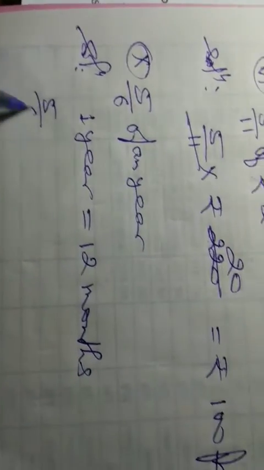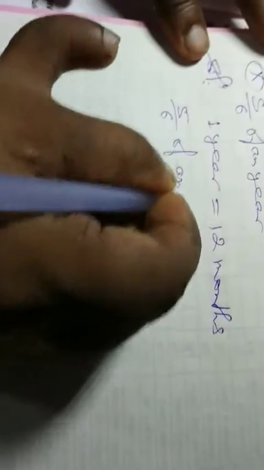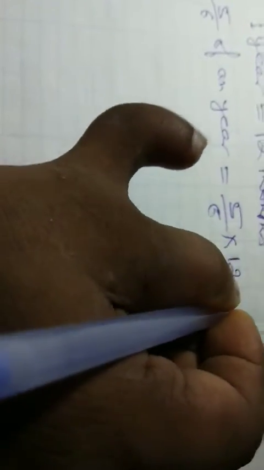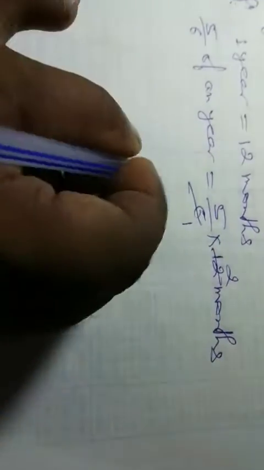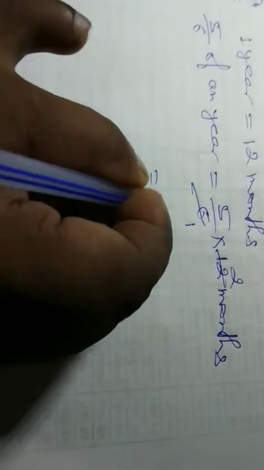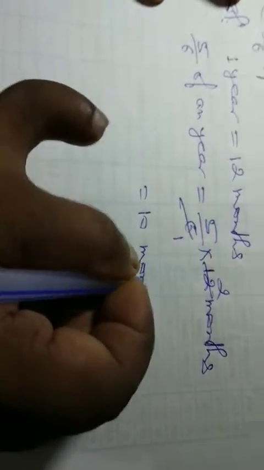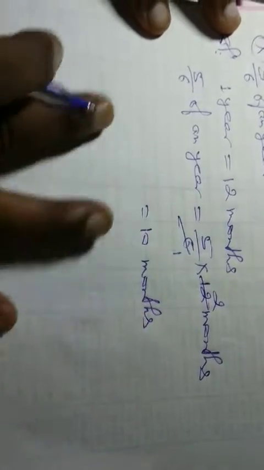So 5 by 6 of a year is equal to 5 by 6, of means multiply, and 1 year is equal to 12 months. 6 1s are 6, to get 12. Answer is 5 2s are 10 months.